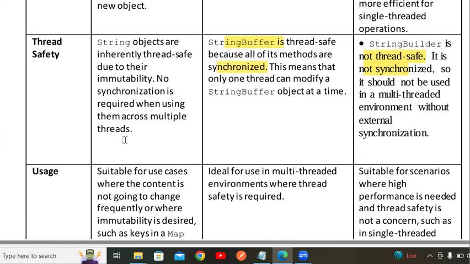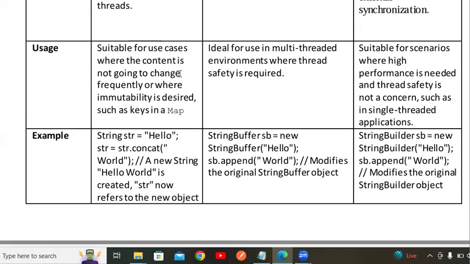Then usage. String is suitable for use cases where the content is not going to change. Whenever our string is not going to change, at that time we will use String. StringBuffer is ideal for use in a multi-threaded environment because of its thread safe nature.